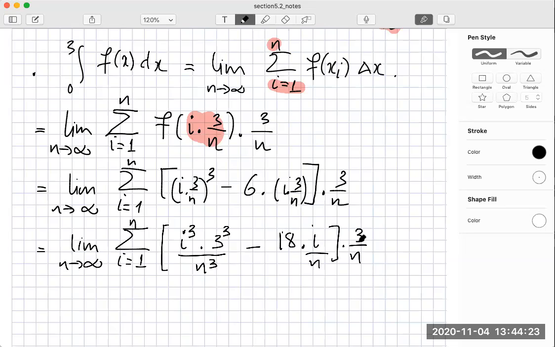So are we all good with this? Yeah, right? So look at the notes I gave you in section 5.2.